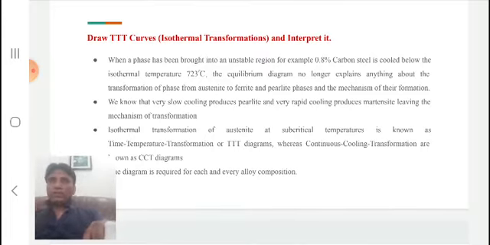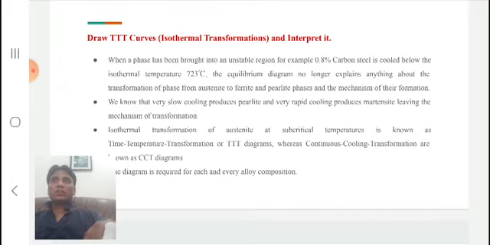So we know that very slow cooling produces pearlite and very rapid cooling produces martensite, leaving the mechanism of transformation. So we know how pearlite is formed. Slow cooling will give austenite to pearlite at below 723 degrees centigrade.